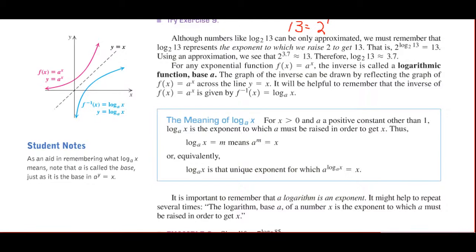And then what would the exponent be? 2 to the third is 8. 2 to the fourth is 16. So it's going to be a number somewhere in there between a 3 and a 4. And it actually comes out to about 3.7, so the exponent is 3.7. And you could read this over.